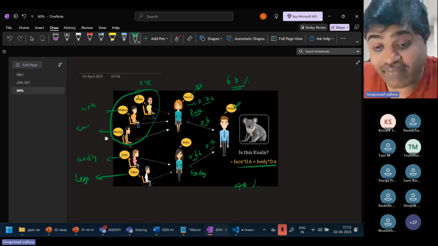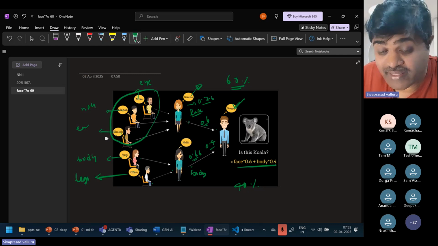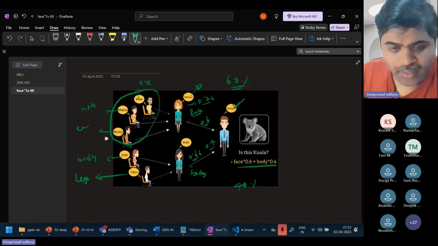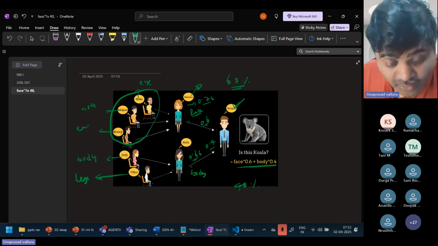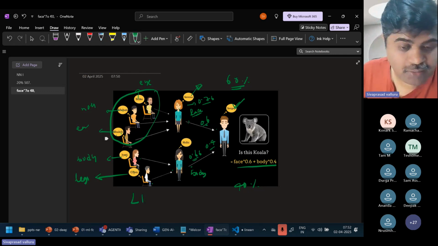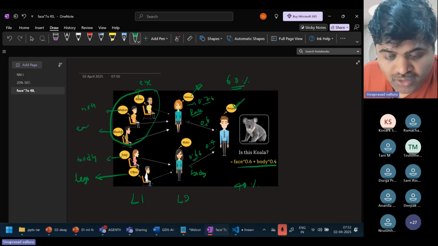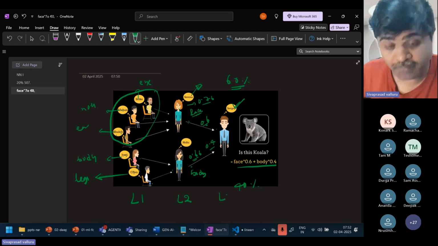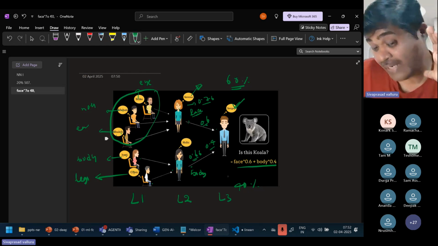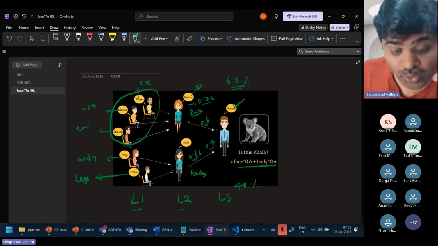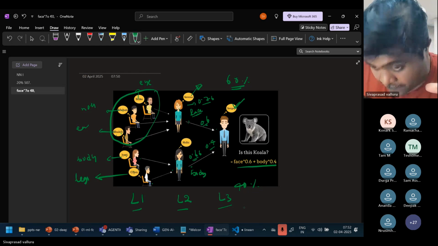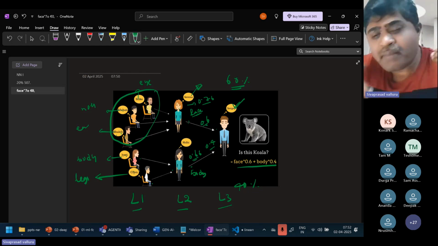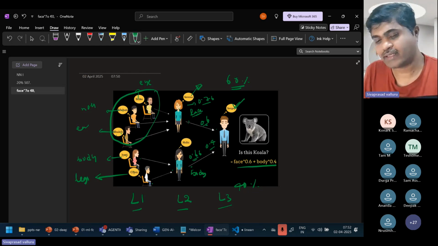Sergey will finally tell whether this is call or not. In this case, this is layer 1 of neurons, this is layer 2, and this is layer 3. If I have a multi-layered neural network, then my predictions will be even better, right?